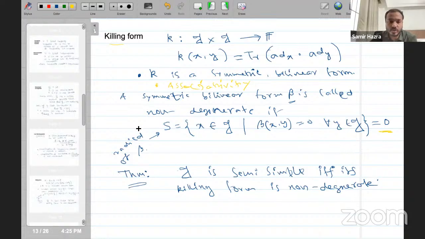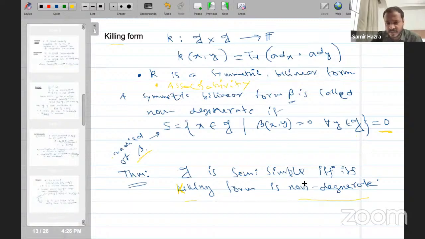This is also called the radical of the form beta, and we can do this for any Lie algebra G. Now, if G is semi-simple, then the Killing form is non-degenerate, and this is vice versa. So this is an if and only if condition for checking whether a Lie algebra is semi-simple. If a Lie algebra is semi-simple, then the Killing form is non-degenerate.